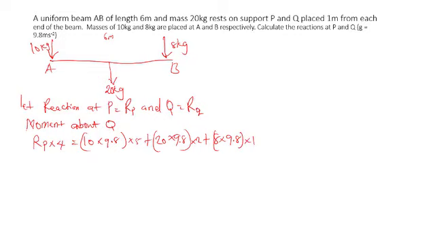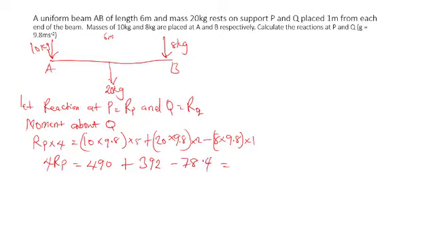So with this, we have 4RP equal to 490 plus 392 minus, because it's a clockwise moment, 78.4.